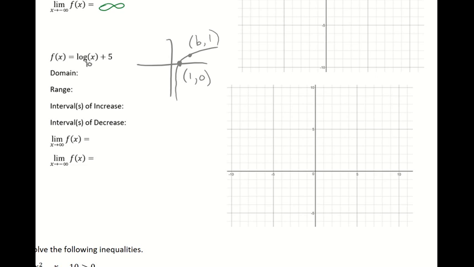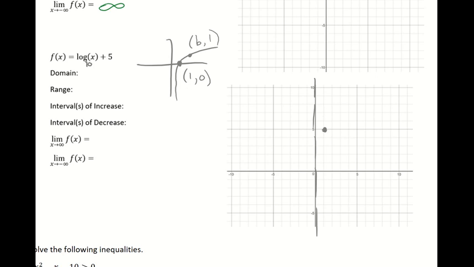But the plus 5 is just going to shift that up 5. So our asymptote stays the same. Okay, we have that vertical asymptote at x equals 0. Now, instead of the point 1, 0, we just have the point 1, 5. Because that's just been shifted up.